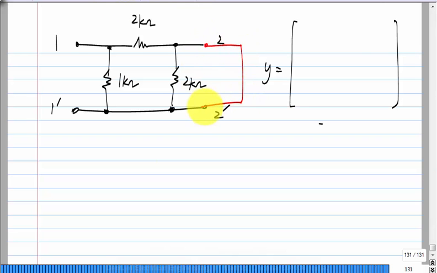If you short circuit this, you can apply a voltage here and find the current flowing this way, that is I1, and here you have to find the current flowing in this direction, that is I2. So this will give you Y11 and this will give you Y21. And similarly by shorting port 1, you will get the other 2 parameters.